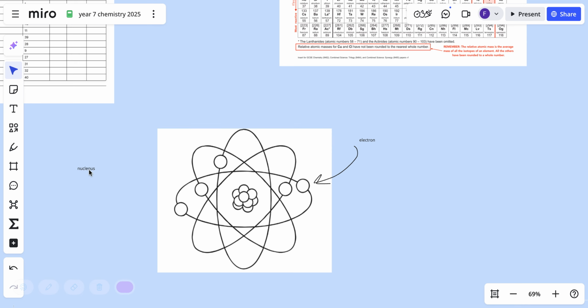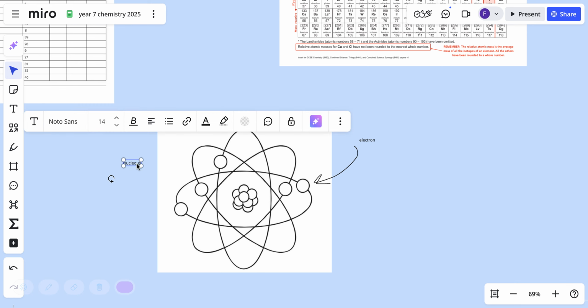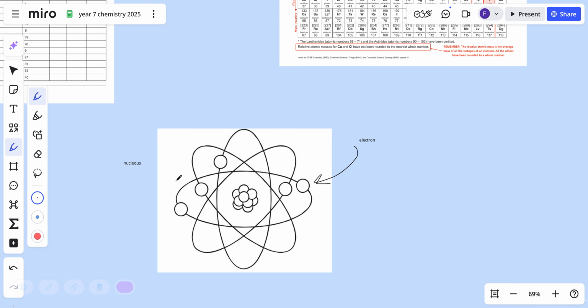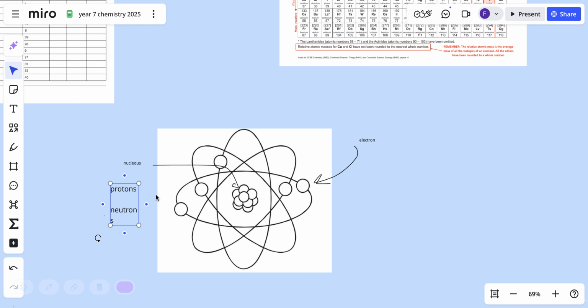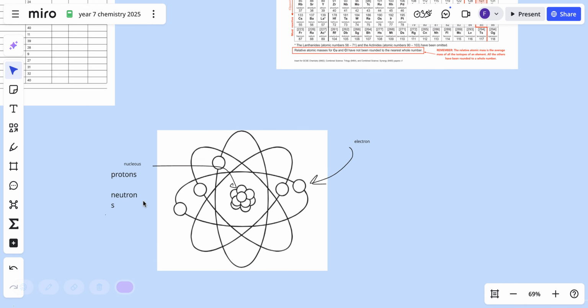Inside the nucleus in the middle, you have two particles. You have protons and you have neutrons. Your job today is to work out how many of each there are in the nucleus.